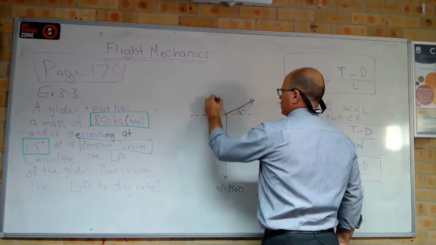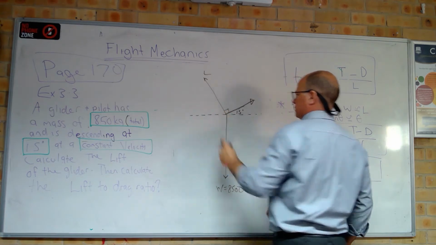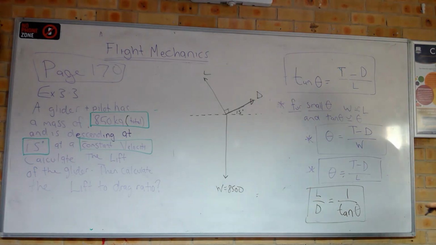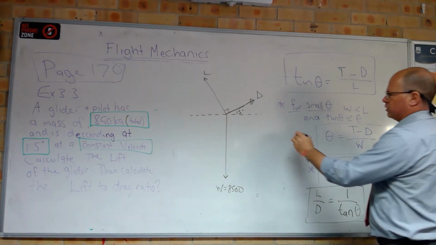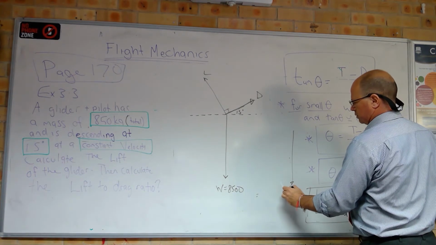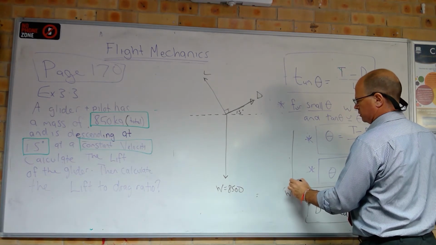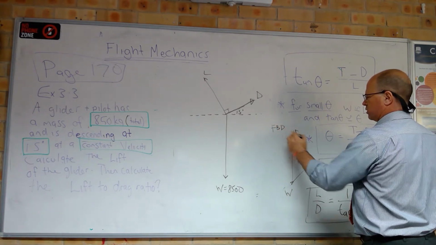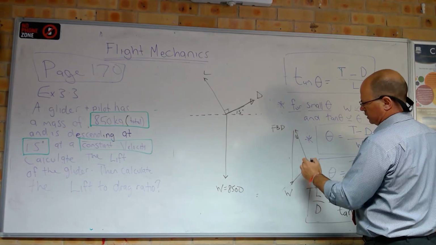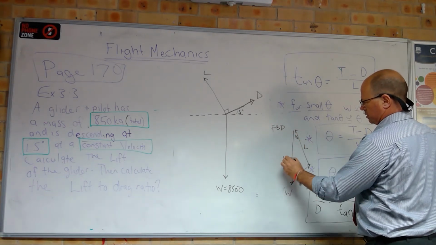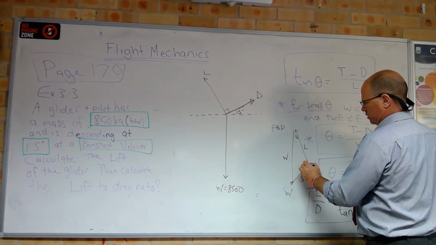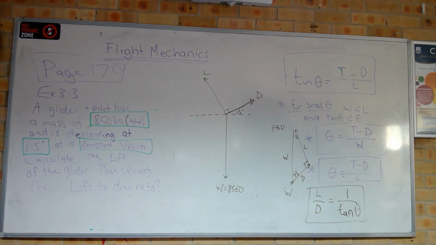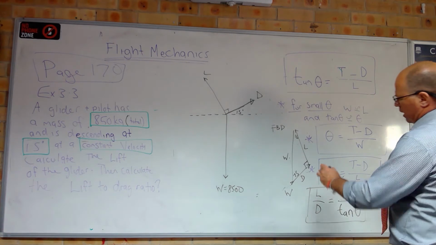And we know our lift is perpendicular, okay, to our drag. And he's then done a triangle where he's gone weight, drag, and lift, and he's gone, that's 15 degrees, lift to drag, it's going to be 90, and that's going to therefore be 75, and he's used trigonometry to work out what his lift is, okay?